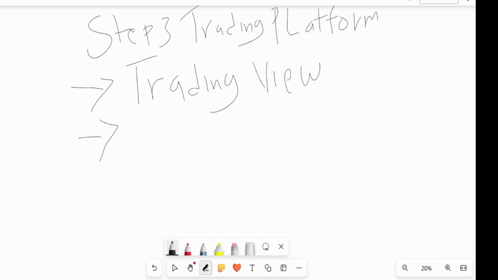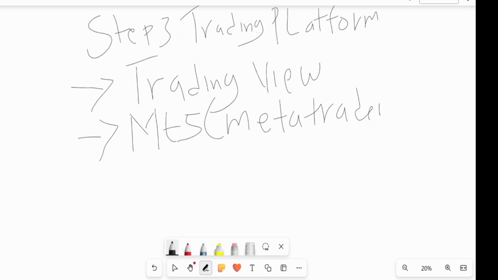Then another one is MT5, or MetaTrader 5, a powerful platform for trading. It's where you execute your trades.